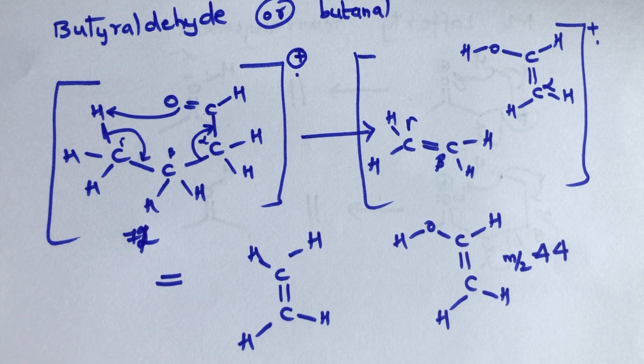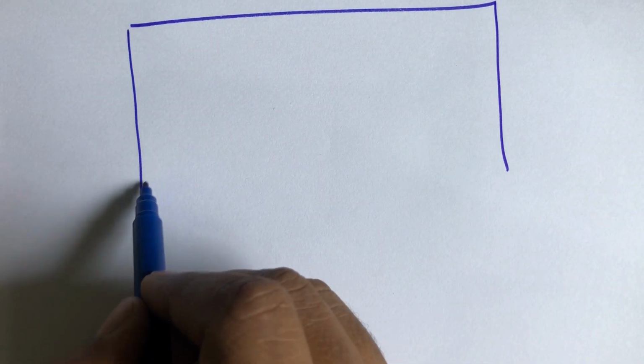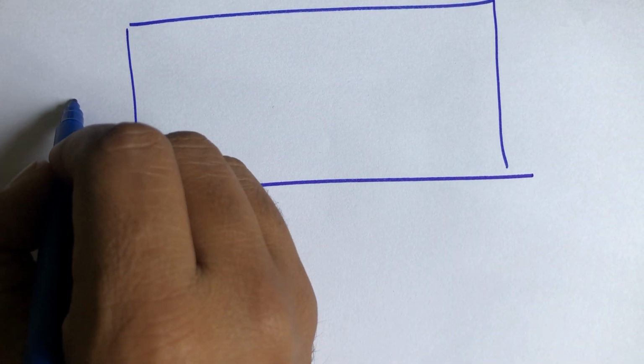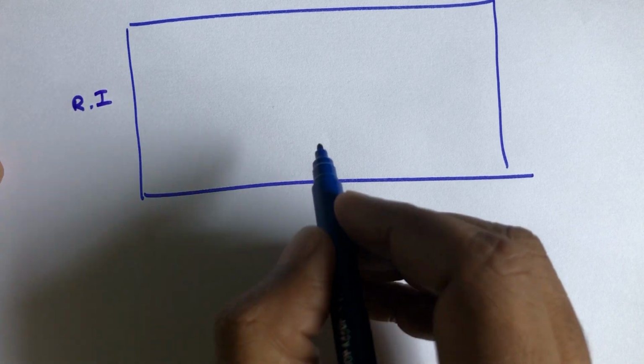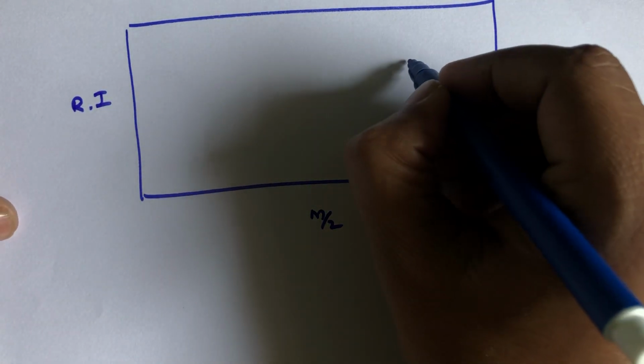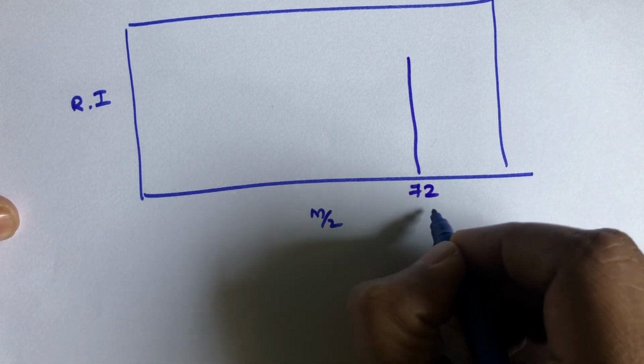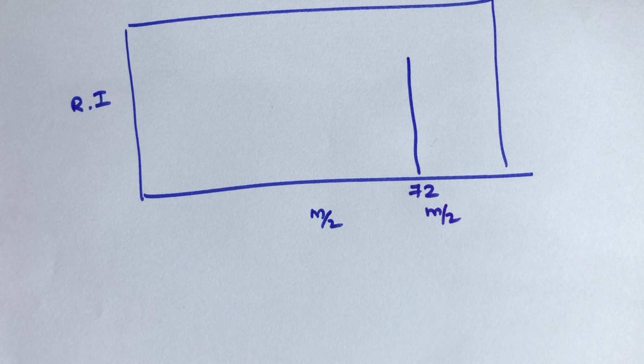Now, when you look at the mass spectrum of this, it will be like this. You have relative intensity here, and the m/z ratio. You get a peak at 72. The m/z 72 is called the parent peak, the molecular ion peak.